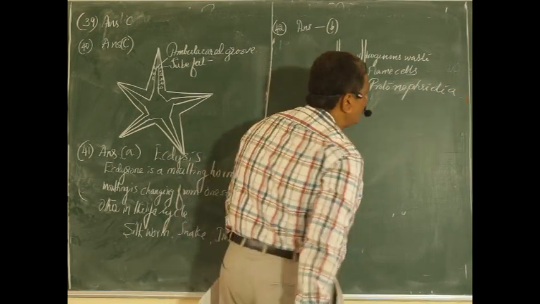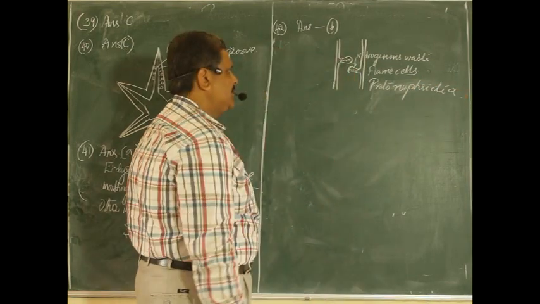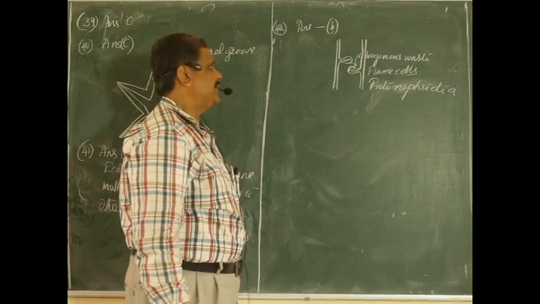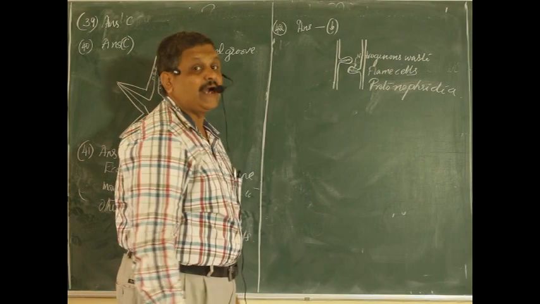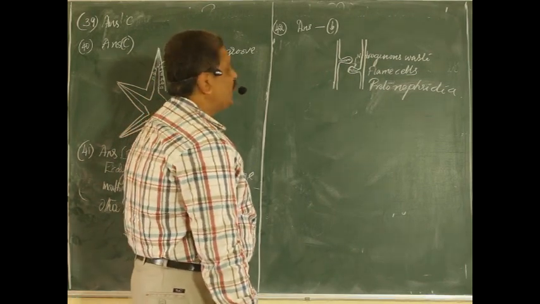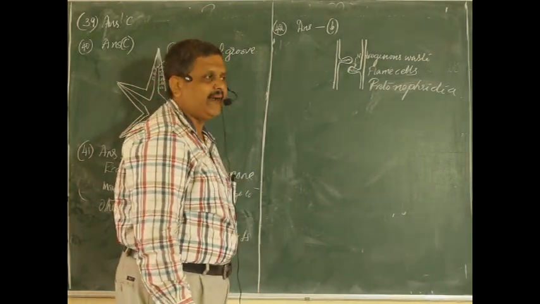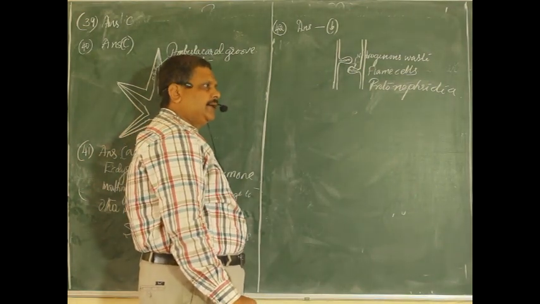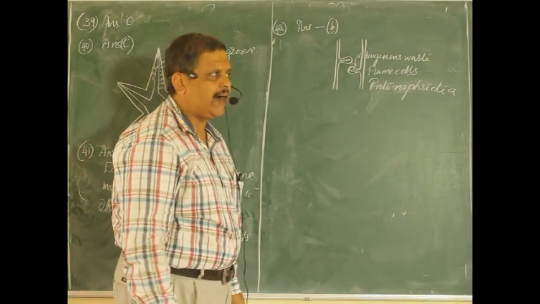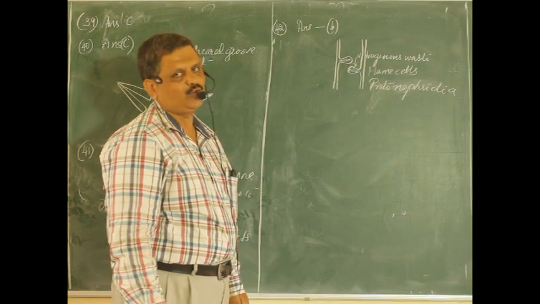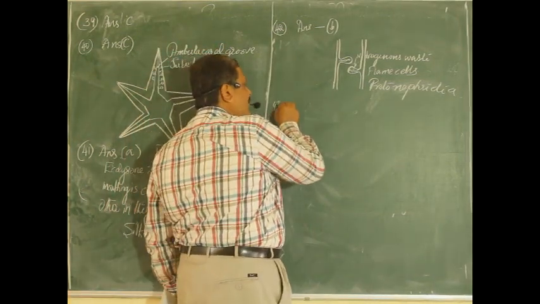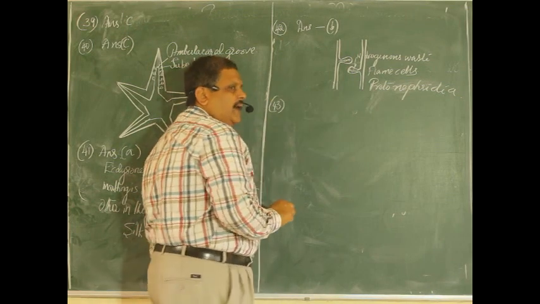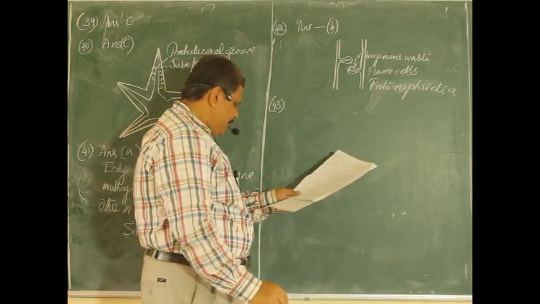Why are they called protonephridia? Because they are preliminary structures which are formed prior to nephridia. Nephridia are advanced structures that we observe in earthworm. Nephridia are the excretory organs in earthworm. Malpighian tubules are the excretory organ in cockroach. So, like that, you should remember which is the excretory organ in which category.